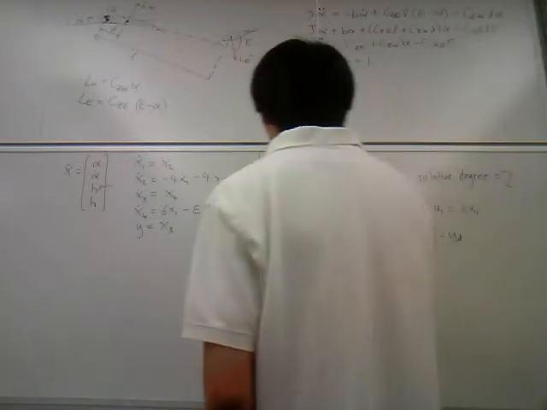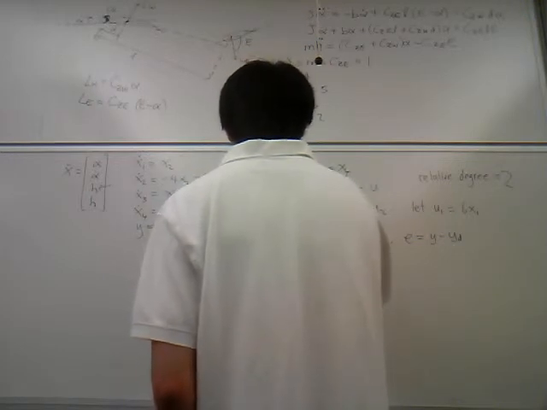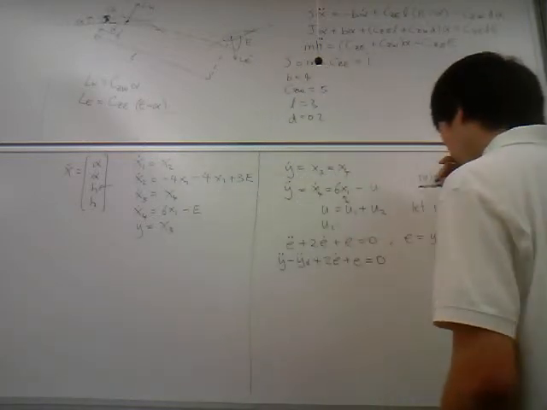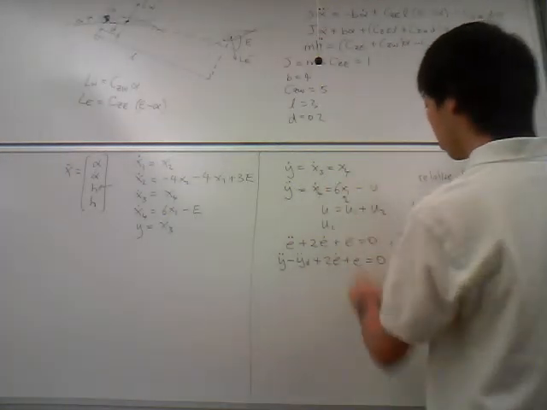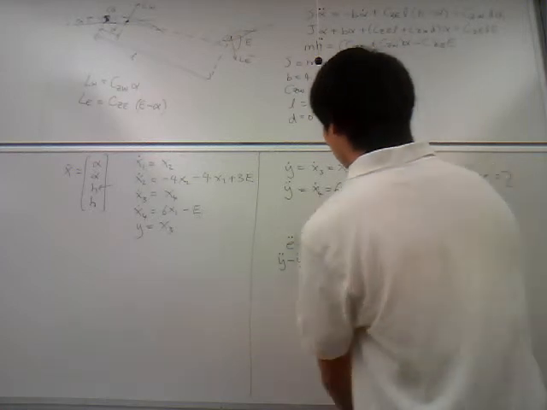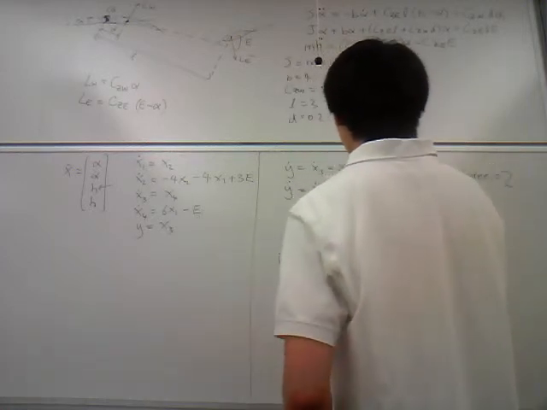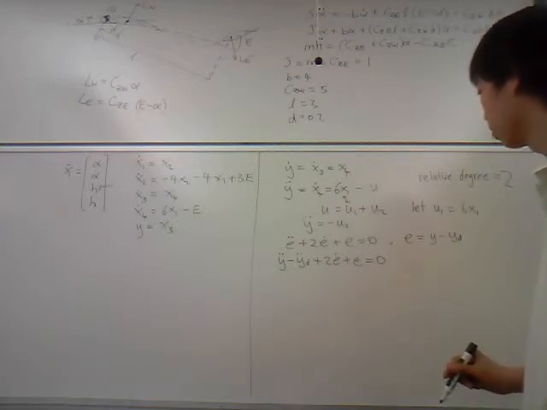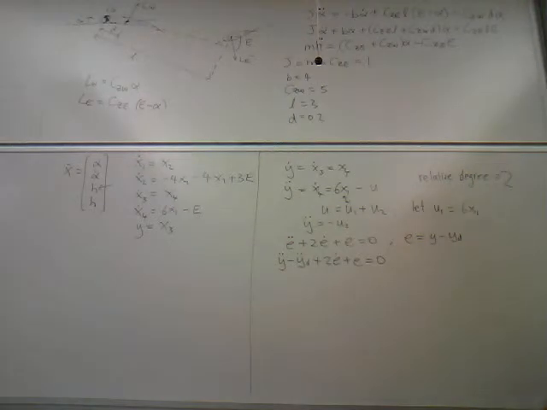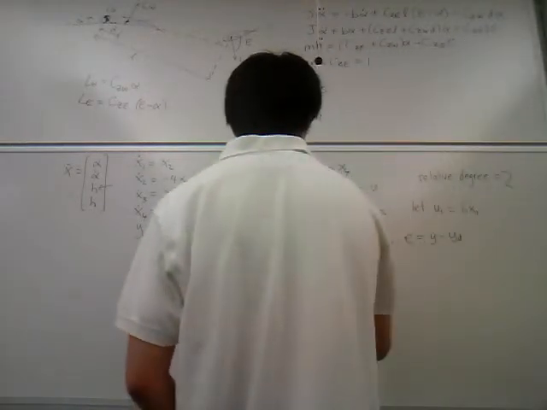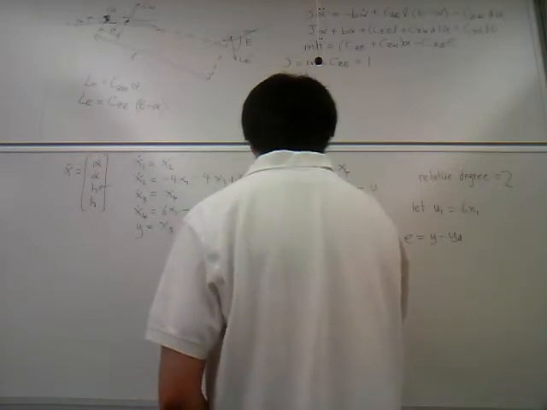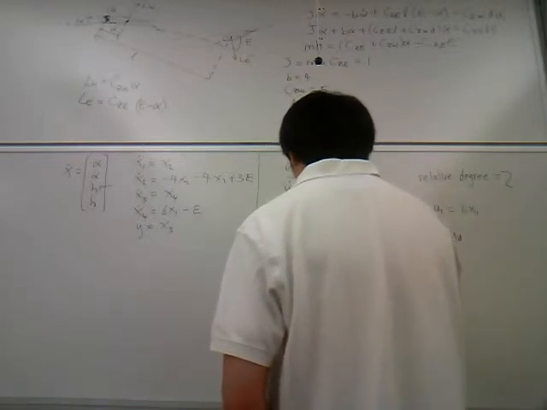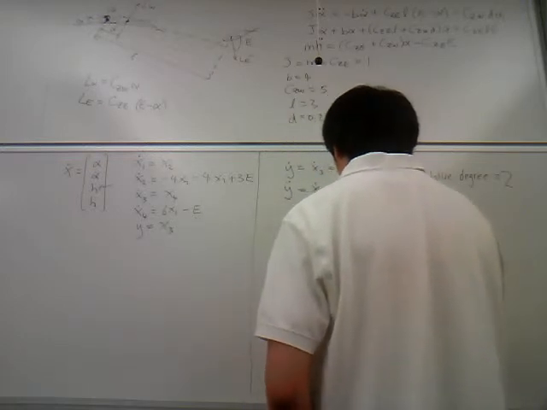If we write that out, this gives y double dot minus y desired double dot plus 2 e dot plus e. And once we cancel, y double dot is just minus u2. So now we put this in, and we have minus u2 minus y desired double dot plus 2 e dot plus e is 0. So our u2 is just minus y desired double dot plus 2 e dot plus e.